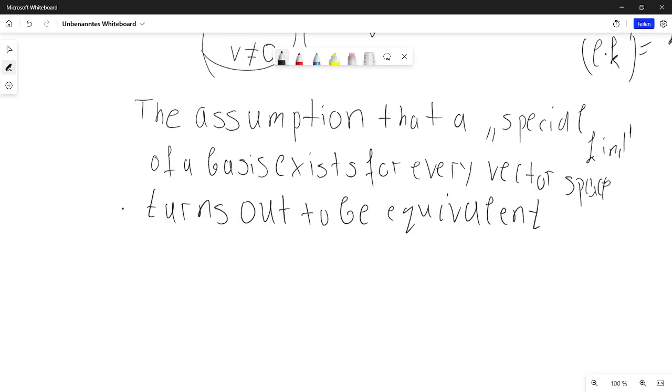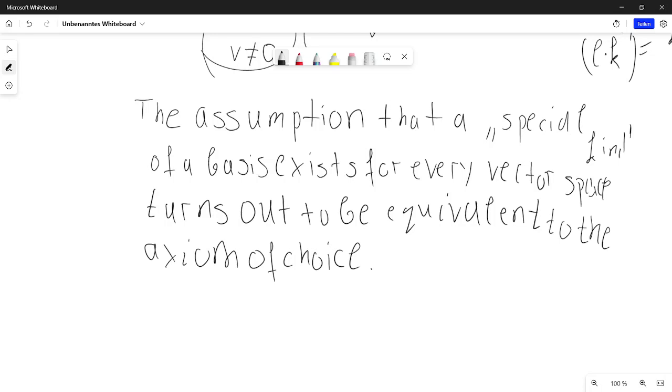So yeah, turns out to be equivalent to the axiom of choice. So that is really an assumption. That is not a theorem. That is just an assumption within mathematics, right? But we don't need to concern ourselves with such things.